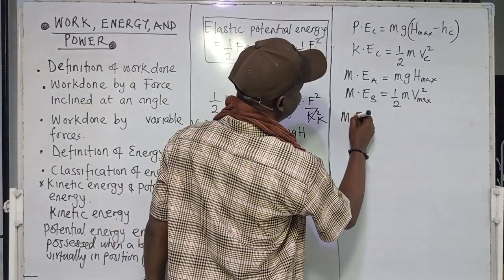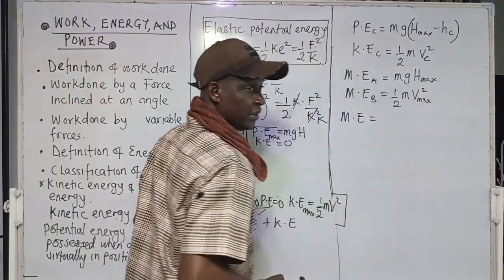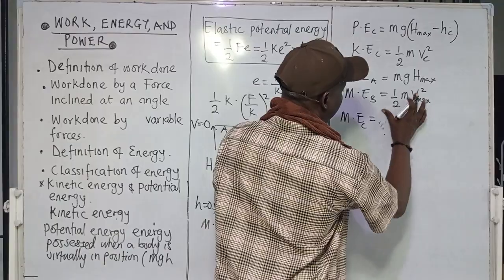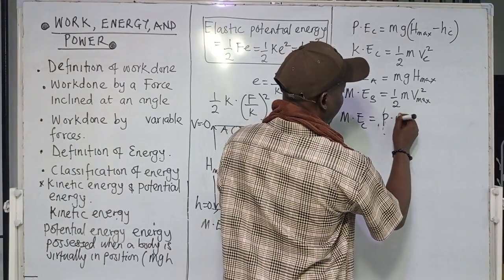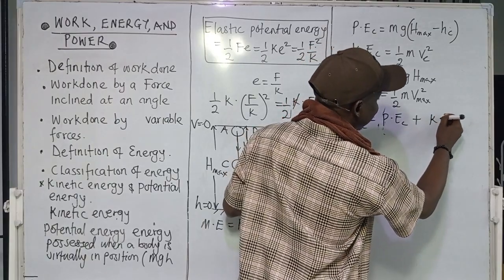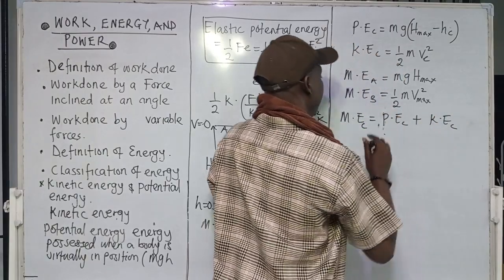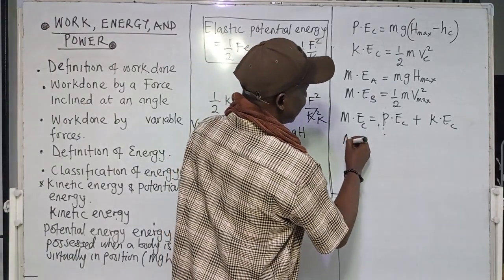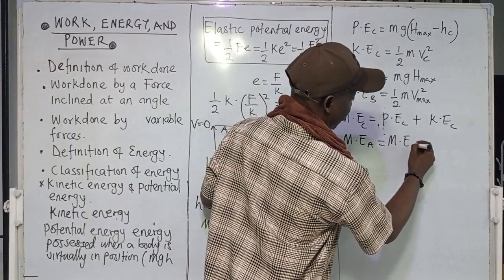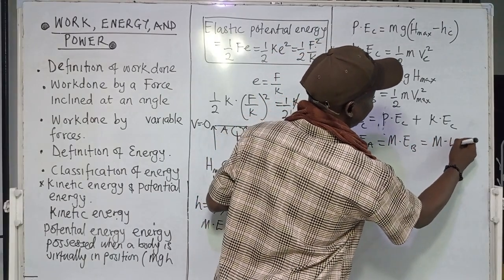Now, what about mechanical energy at point C? Is it not going to have potential energy at point C, plus kinetic energy at point C? Do you know that mechanical energy at point A is equal to mechanical energy at point B, which is equal to mechanical energy at point C?